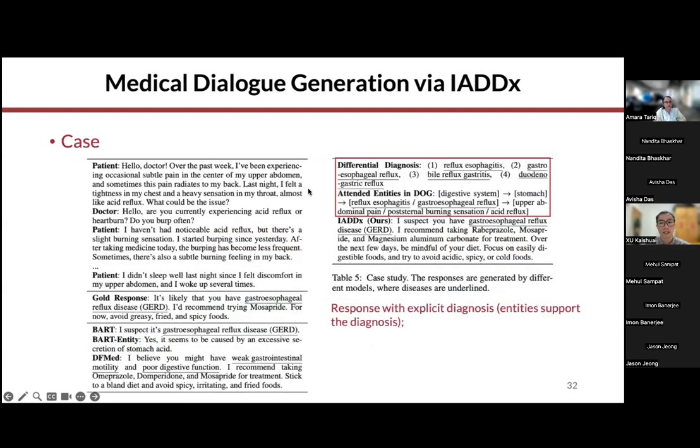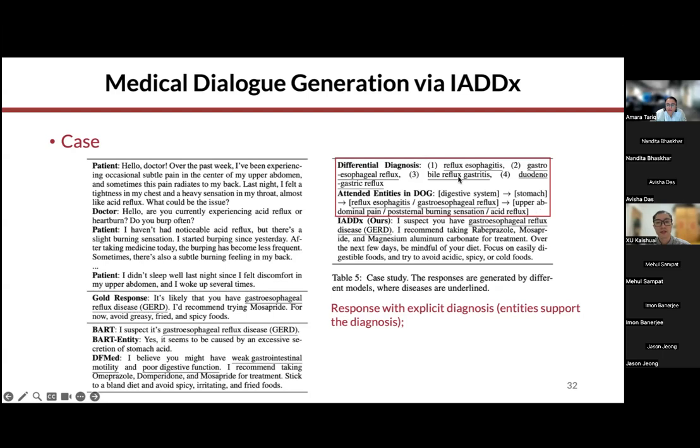Here's a preliminary case of our model. The left one is the dialogue history and some baseline responses. The right one is our diagnosis and the entities that support the diagnosis. We create a differential diagnosis of 4 diseases, and these systems and organs that support the 4 diseases.